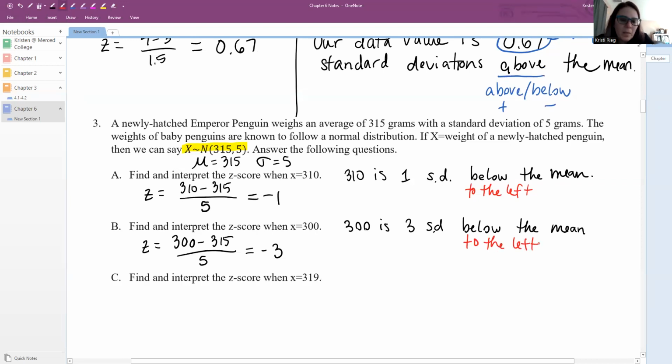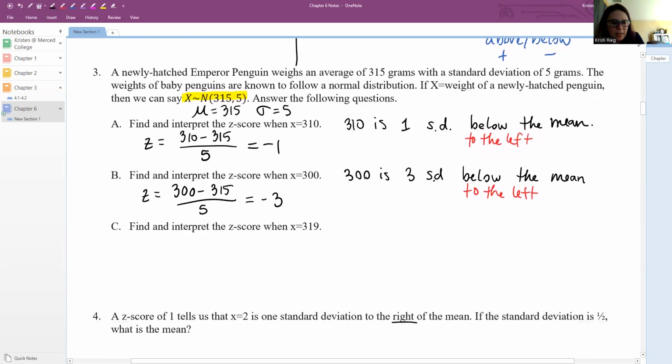of the mean. So in other words, I have a number line. And I know 315 is in the middle because the mean is in the middle. Part A said 310. So it's below the mean, meaning smaller, but it's also to the left on the number line.